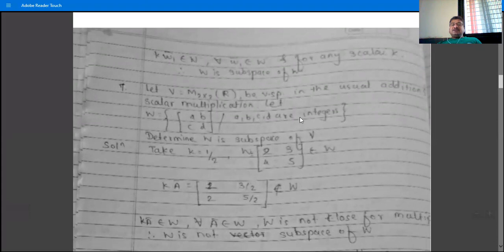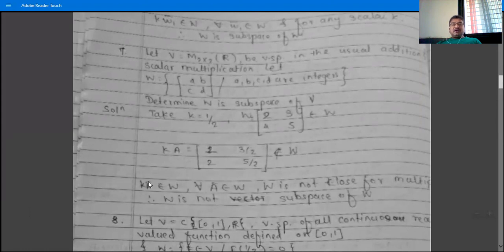If its entries are integers. 1 is an integer, 2 is an integer, but 3 by 2 is not an integer, and 5 by 2 is not an integer. So W is not closed: KA does not belong to W. This condition, that KA belongs to W for all A belonging to W, is not true for W.